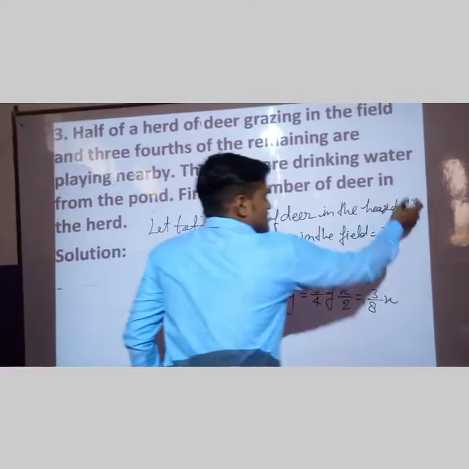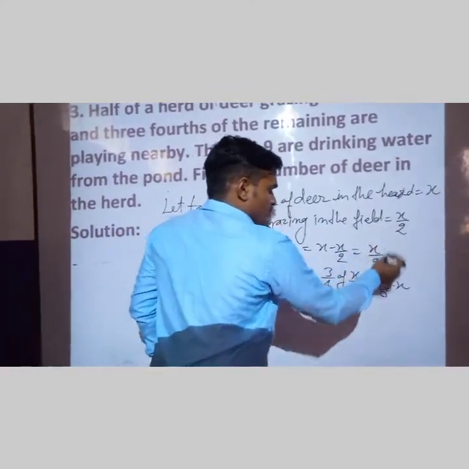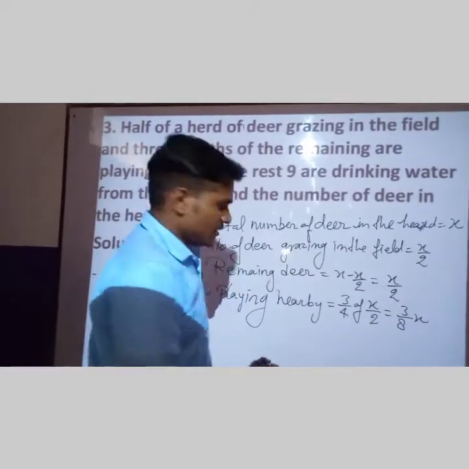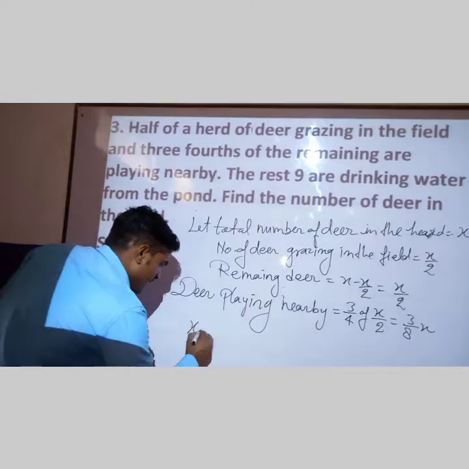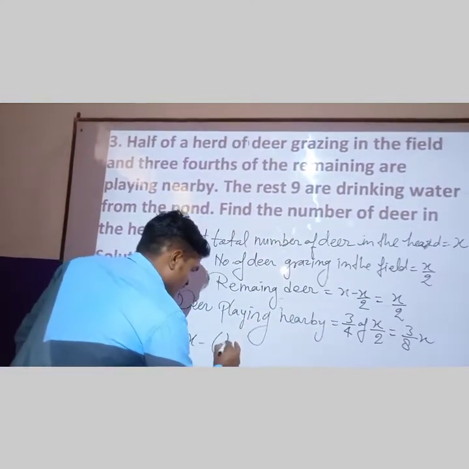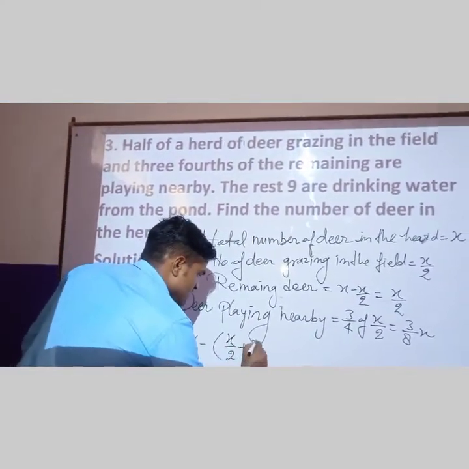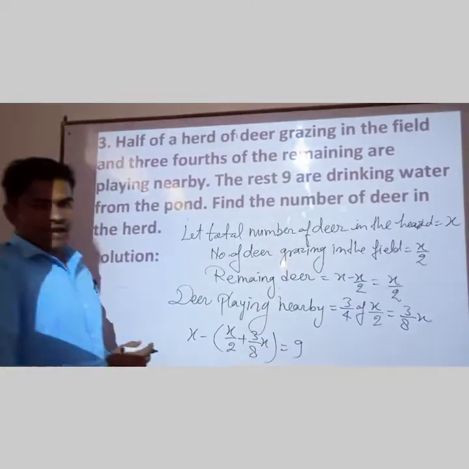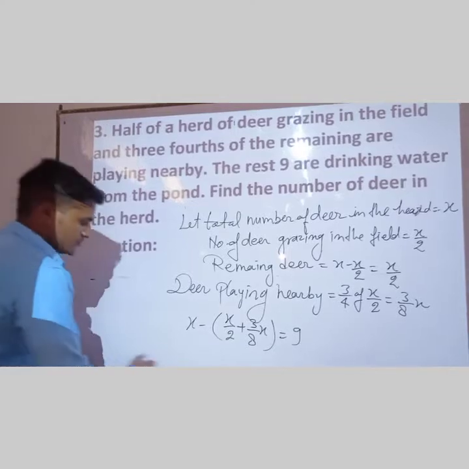So the remaining will be x minus x upon 2 minus 3 upon 8x, which is equal to 9. So according to the question, x minus x upon 2 minus 3 upon 8x is equal to 9. Understood? Now solve it.